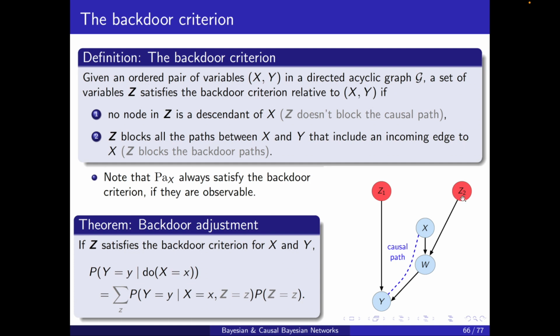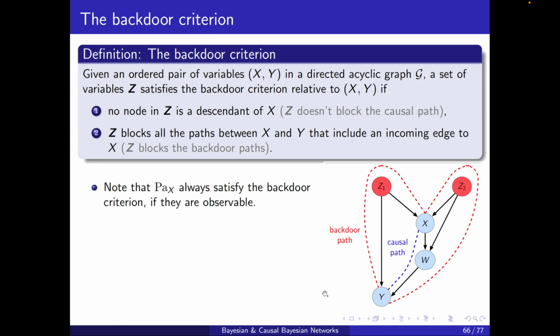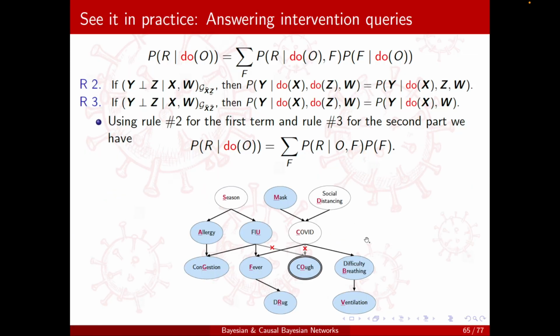I also need to observe z to d-separate, to block all those backdoor paths, times P of z. It's also a parent of y, so I also need to include it, but z is not a descendant of x, so it doesn't depend on x, so I don't need to put a condition on x here. So it's basically what we had just right here.